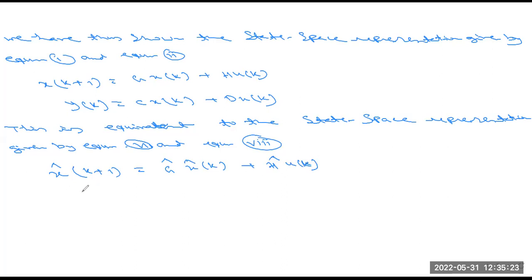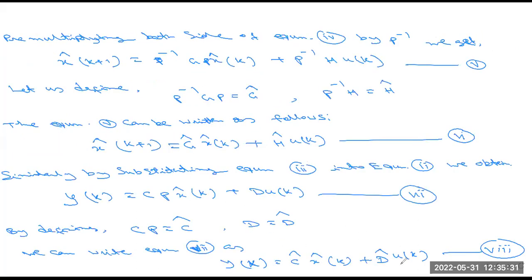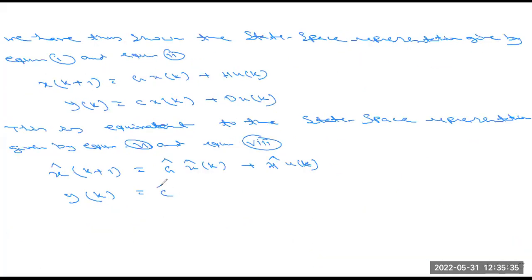This is the input function, and the output is y of k equal to c vector x vector of k plus d vector u of k.